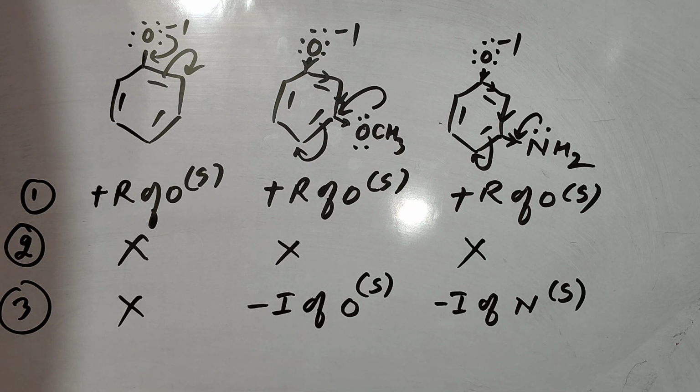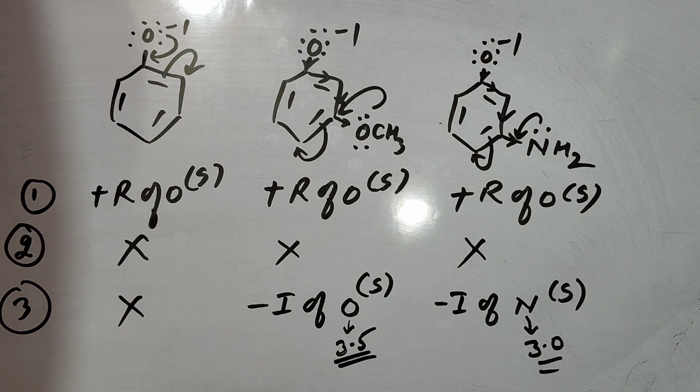But you know, oxygen is more electronegative as compared to nitrogen. Oxygen electronegativity is 3.5 on a Pauling scale. And nitrogen's electronegativity is 3. So which will show more minus I effect? Minus I effect depends on electronegativity.